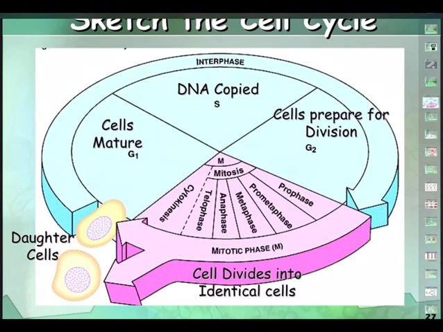P for prophase, M for metaphase, A for anaphase, T for telophase. Pro means primitive, first. Phase means stage. So it is the first stage, prophase. Meta means middle, so it is a middle stage during cell division. Ana means dividing. The chromosomes are moving to opposite poles, anaphase.